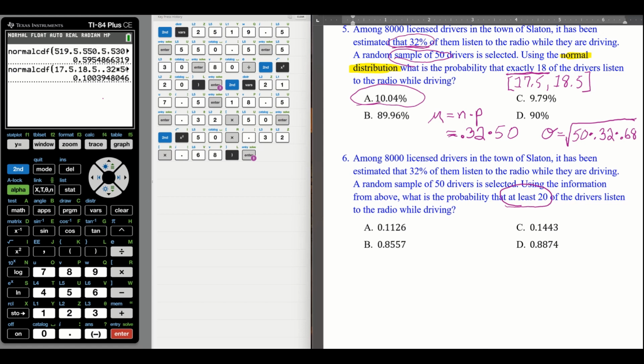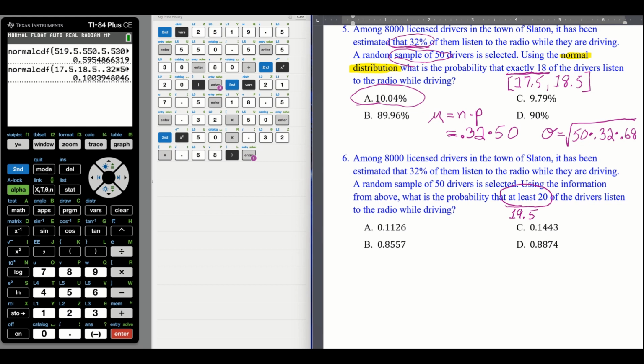So we need to look at 19.5. For our adjustment, we are going to go below the 20. We are subtracting the 0.5. It becomes 19.5.